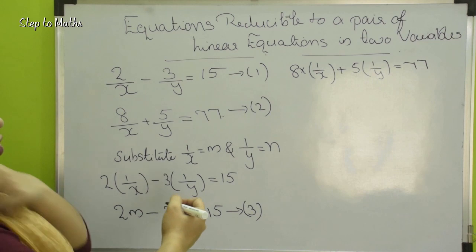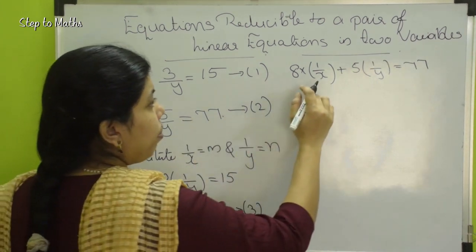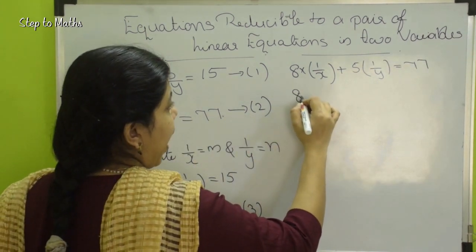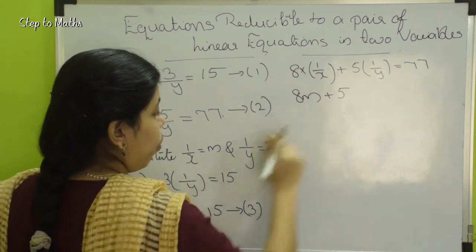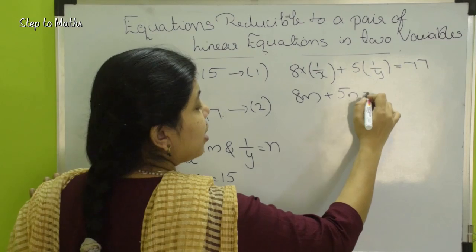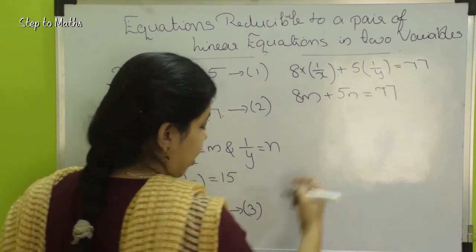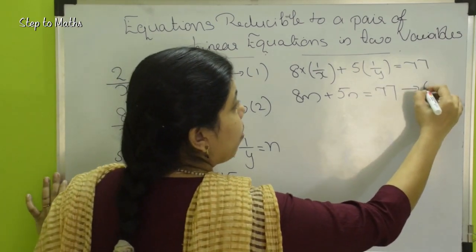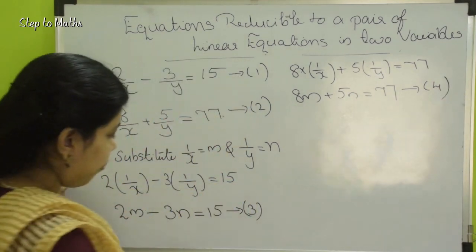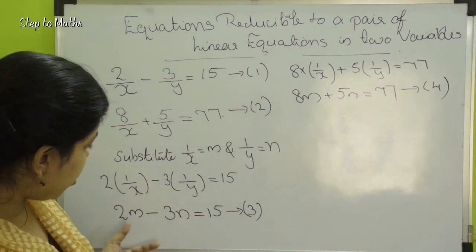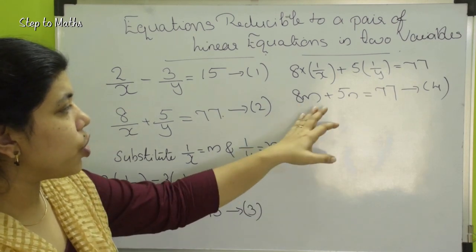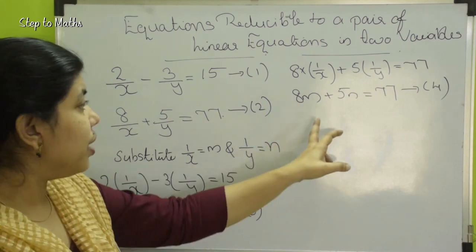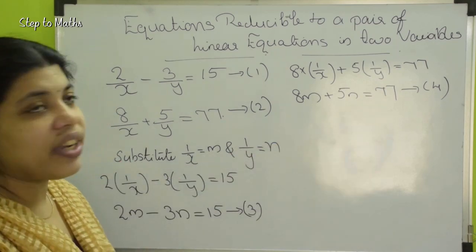If we make the substitution 1 upon x is equal to m and 1 upon y is equal to n, this equation becomes 8m plus 5n is equal to 77. This equation we can label as equation number 4. Now consider equation 3, 2m minus 3n is equal to 15, and equation number 4, 8m plus 5n is equal to 77.